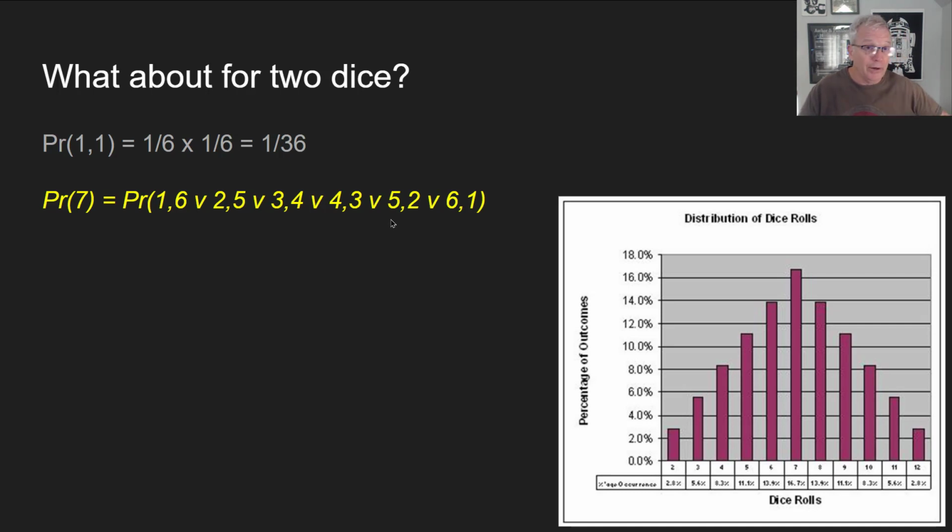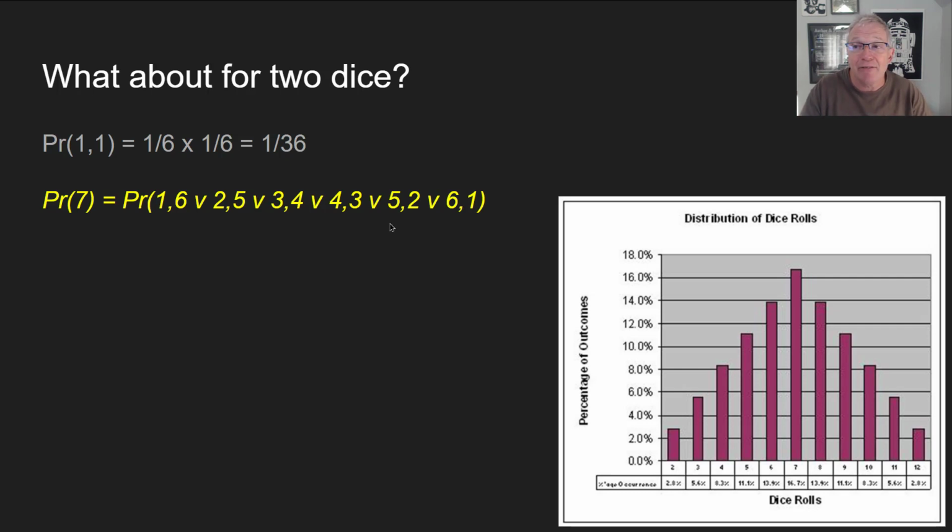A could have 1 on it and B could have 6, or A could have 6 and B could have 1. We don't usually make that distinction because we don't keep track of which one's which. Or imagine they were different colors. But those are different events, and those are different ways to get 7. So those all have to be represented here, and they capture the 6 different possible ways to get a total of 7 when you roll 2 dice.